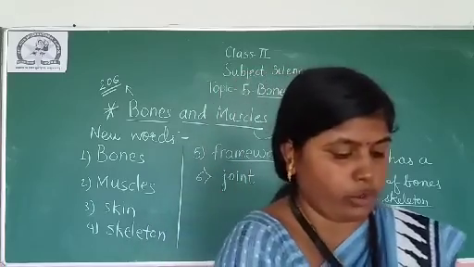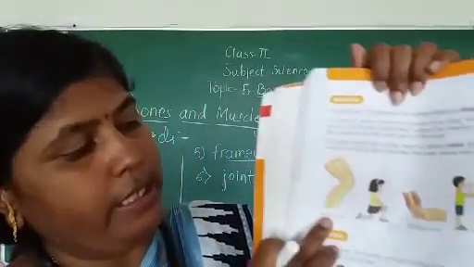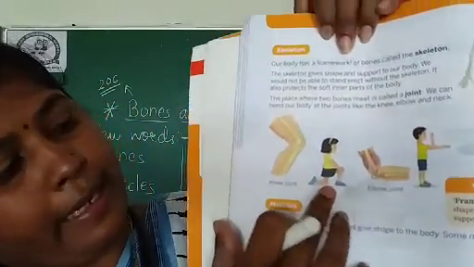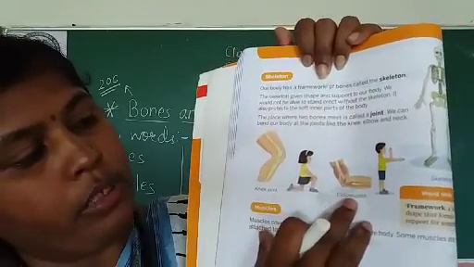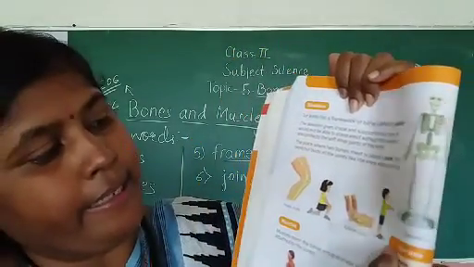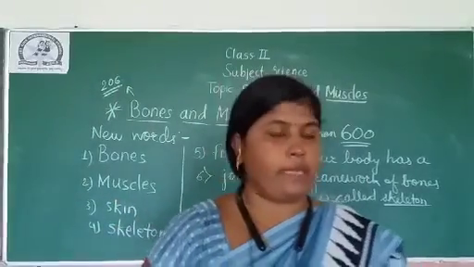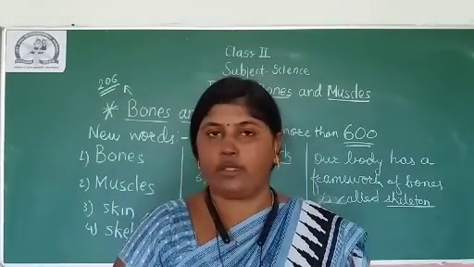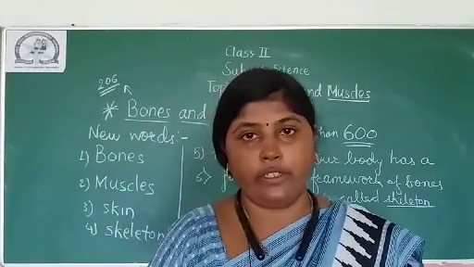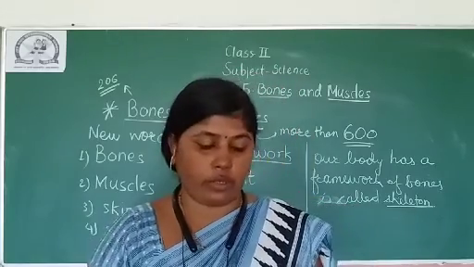I show you the examples, you can see the pictures. Knee, you can bend like this, elbow, and neck. So we can move our body with the help of joints.